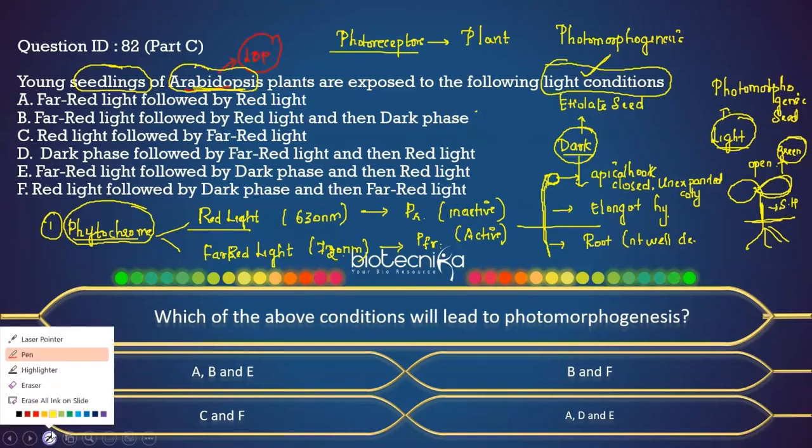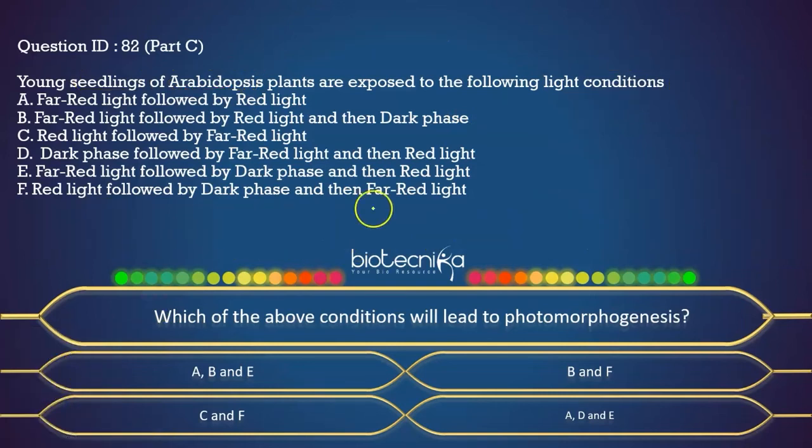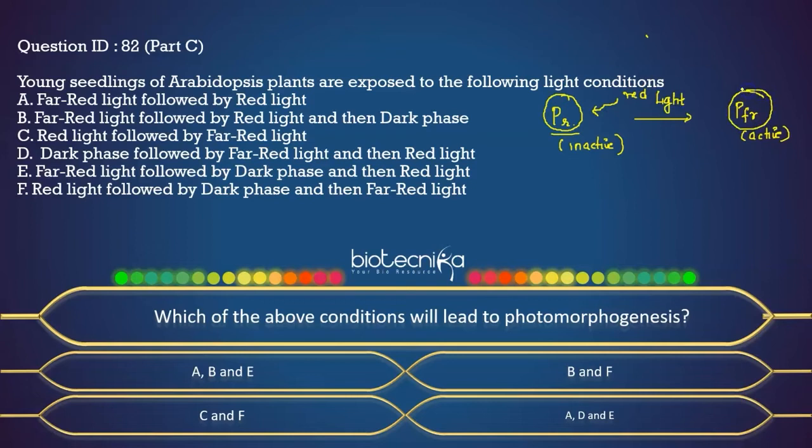Let's make everything clear. Phytochrome PR is an inactive form, whereas PFR is an active form. Whenever the phytochrome receives red light, it will be converted into PFR, which is active.